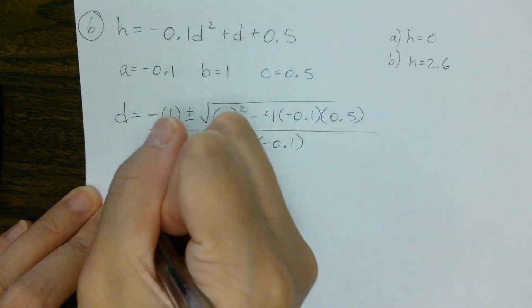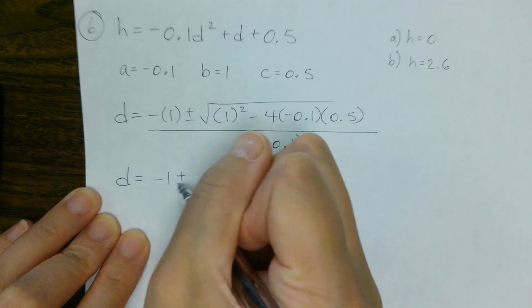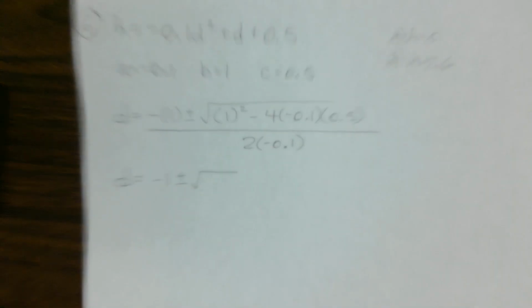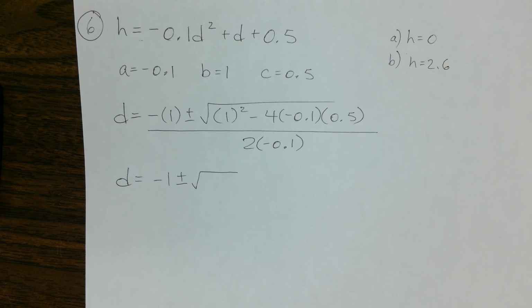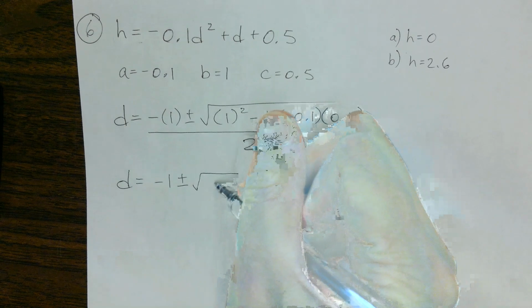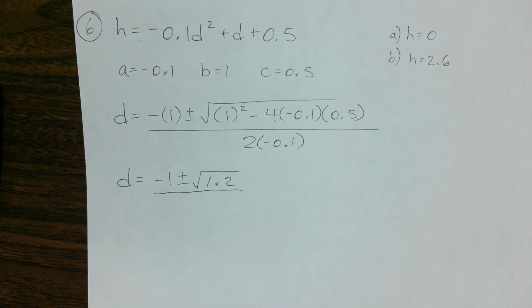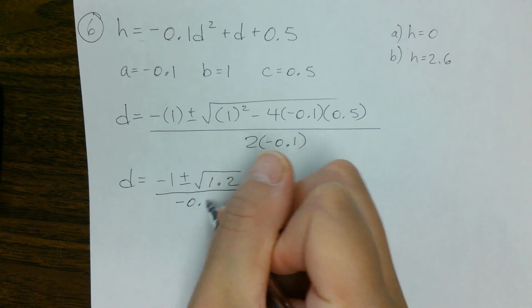Okay. So D equals negative 1 plus or minus. Let's see what this comes out to. 1 squared plus 4 times 0.1 times 0.5, 1.2, all over negative 0.2.